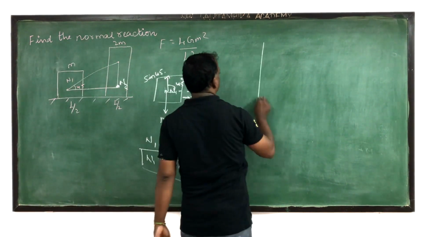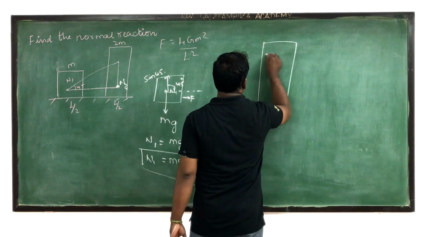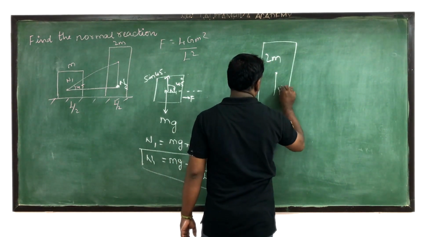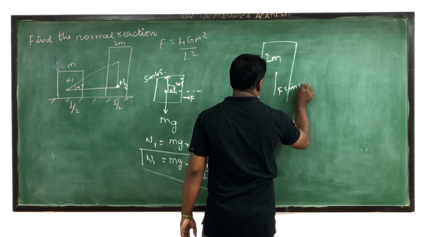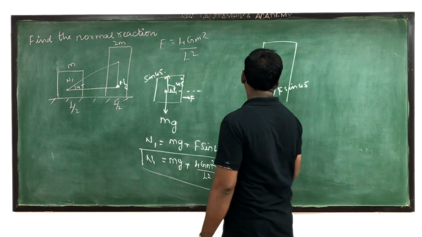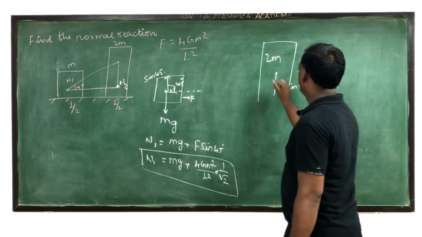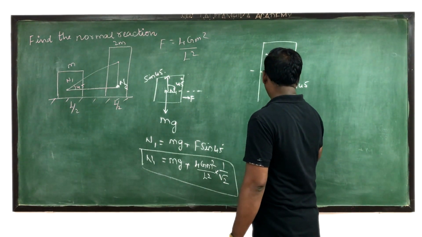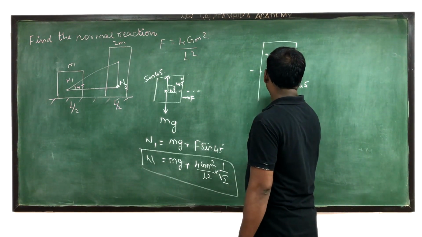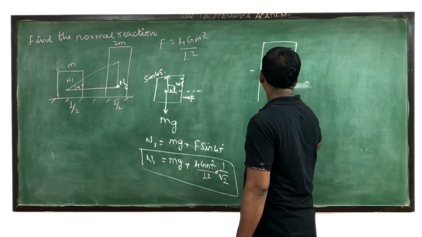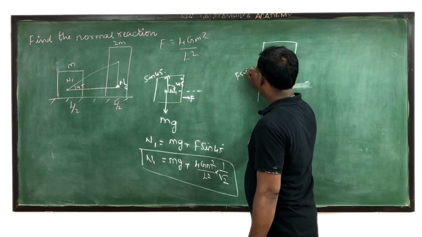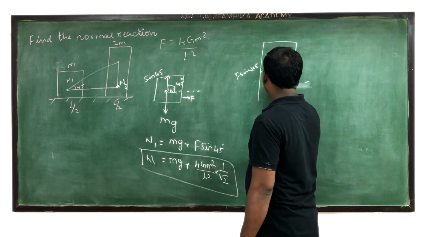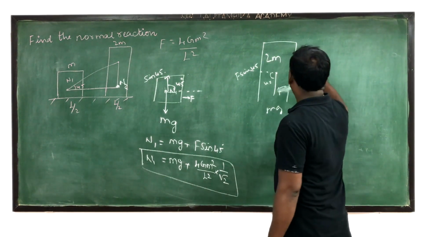For N2, the mass is 2m. The mass for N2 is 2m. Downwards, it will be F sin 45 degree into the resultant force. So this will be acting. Here we have mg, and here F sin 45 degree. Now how can we write it?